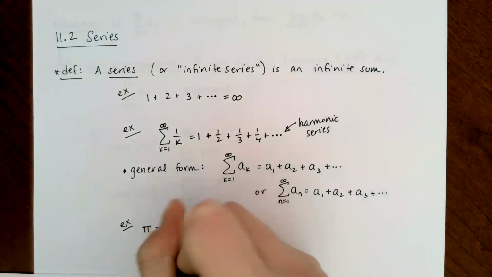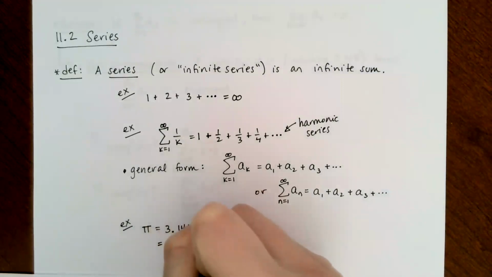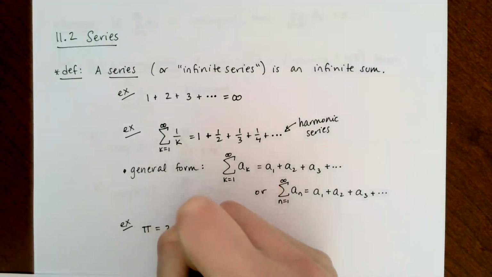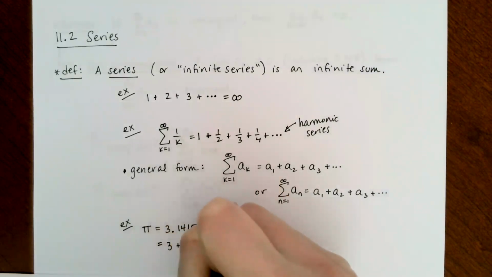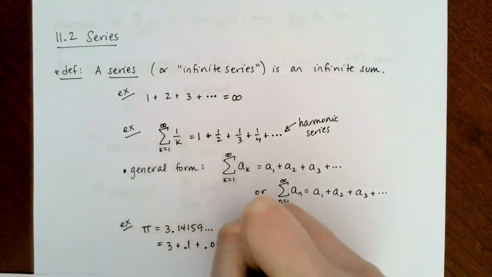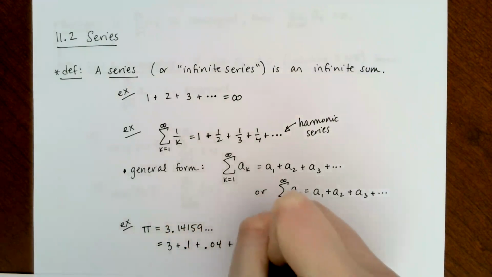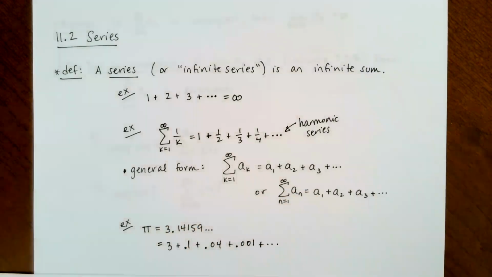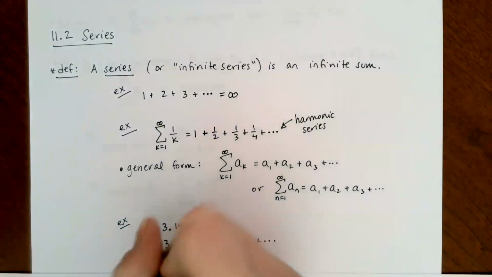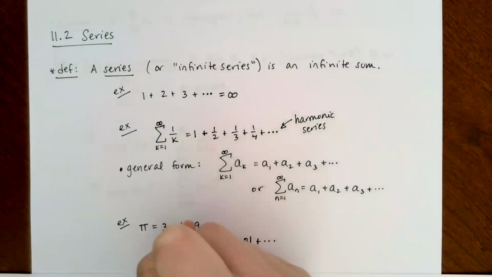So 3.14, that's 3 plus 0.1 plus 0.04 plus 0.001 and so on. I'm just splitting up each of the pieces into their own number. And then I can write these as fractions even. And we don't have to write as fractions, but we tend to see more fractions than decimals in series.